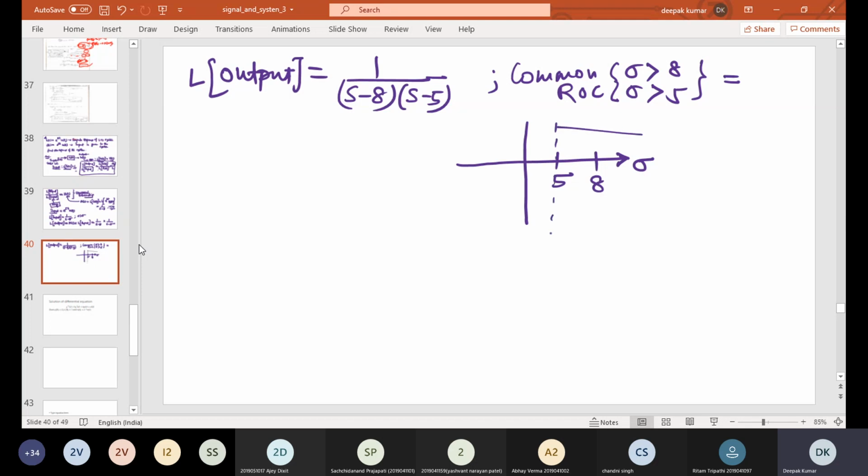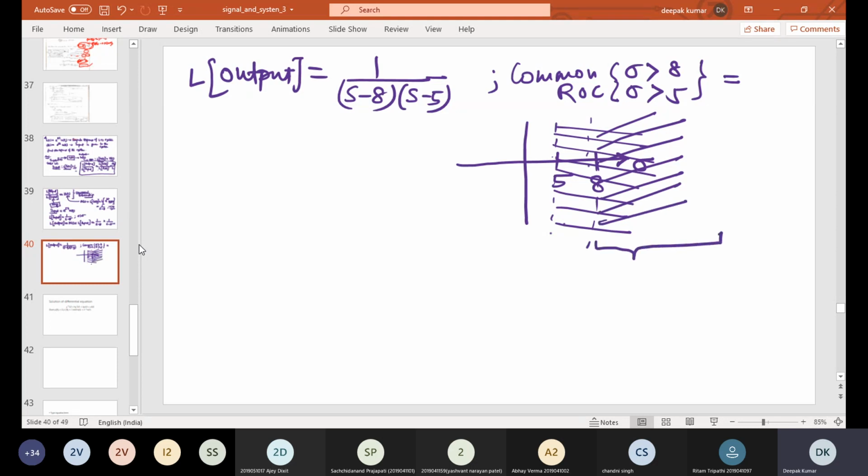This is sigma greater than 5, and sigma greater than 8 will be from here. So the common region will be from sigma is equal to 8 to infinity. This is 8. The common region is from 8. So the common ROC is sigma greater than 8. Means this Laplace transform will perform well or converge in this region only.